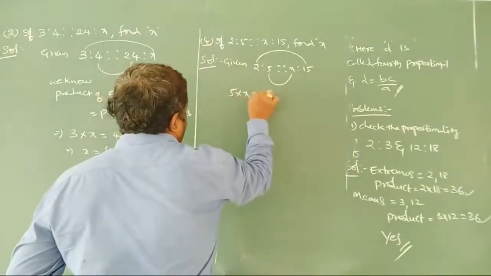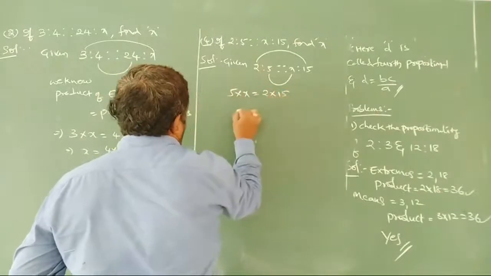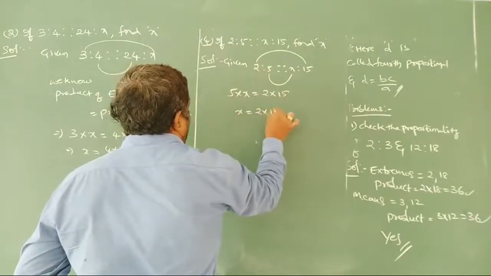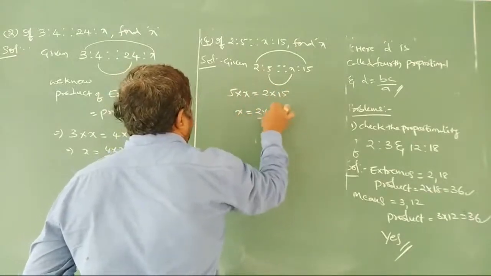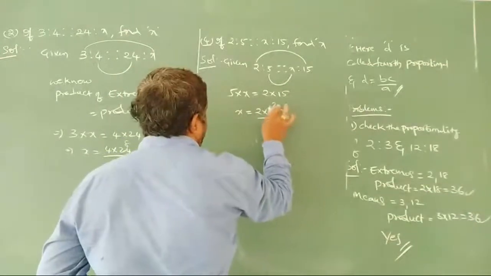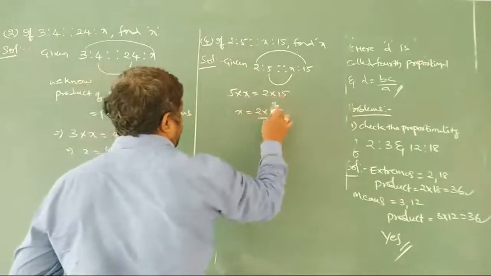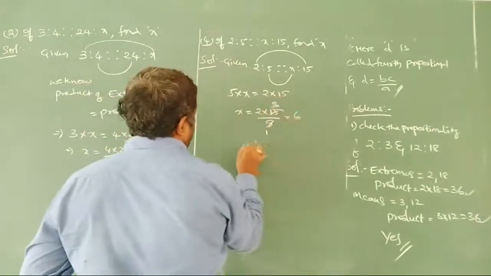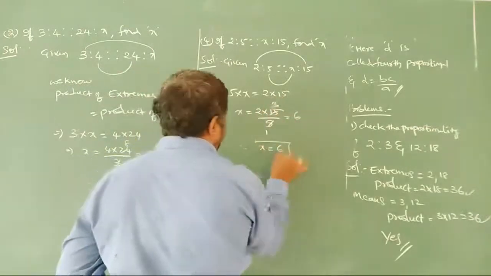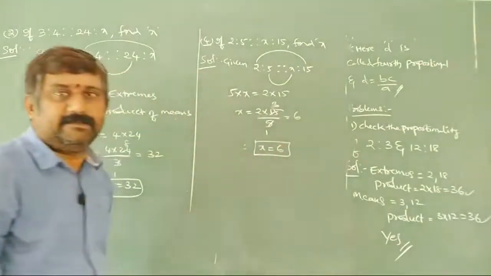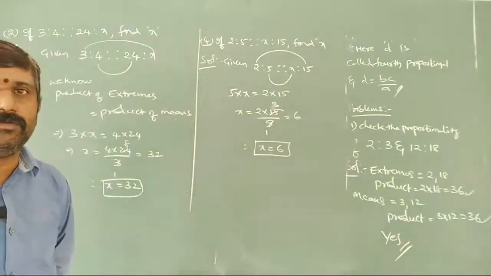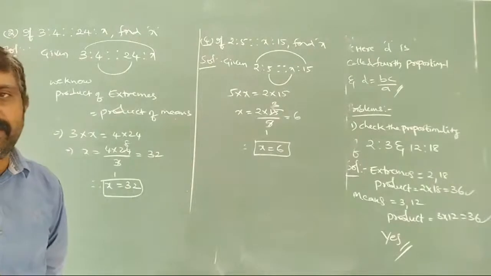So 5 into x is equals to 2 into 15. x is equals to 2 into 15 by 5. 5 ones are 5, 5 threes are 15, so 2 threes are 6. So therefore x value is going to be 6. So like this we can find x wherever we need.